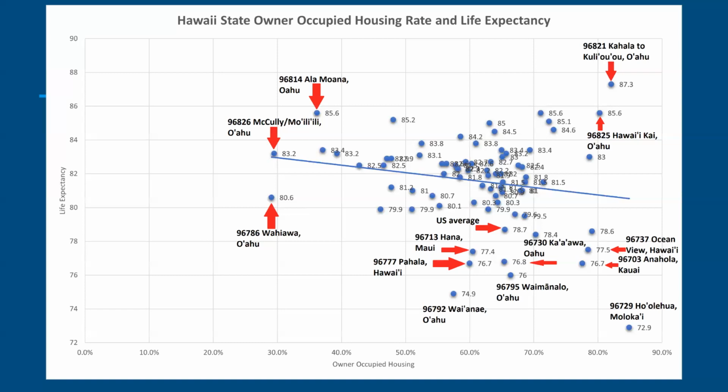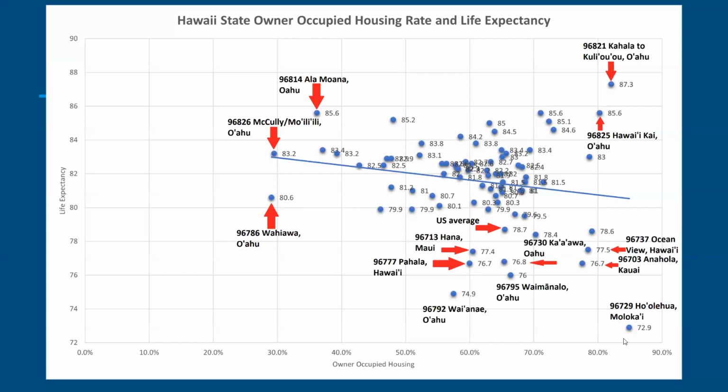But then you see, when you're looking at the zip codes that aren't doing so well, places like Ho'olehua and Molokai, despite having a high estimated homeownership rate that's above 85%, their life expectancy is still only 72.9 years.